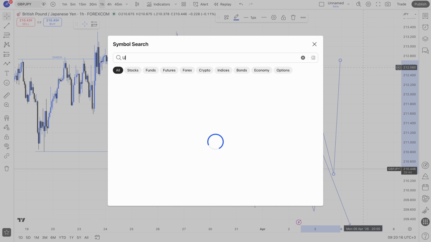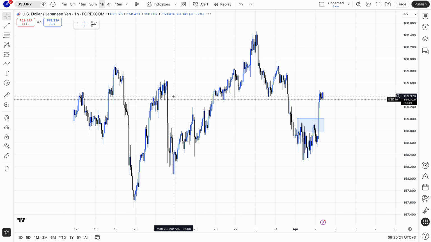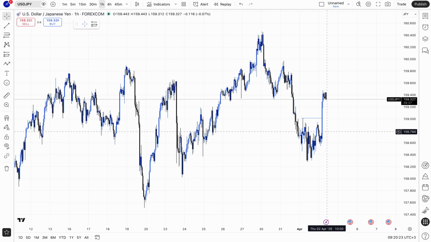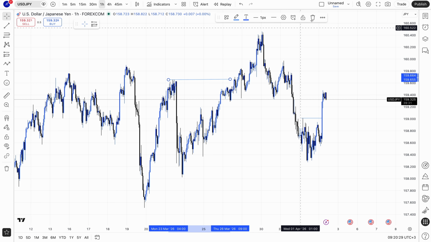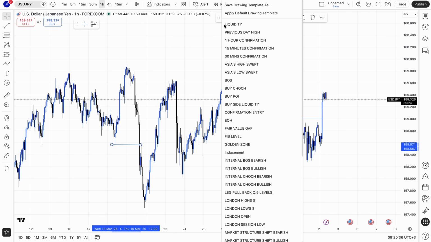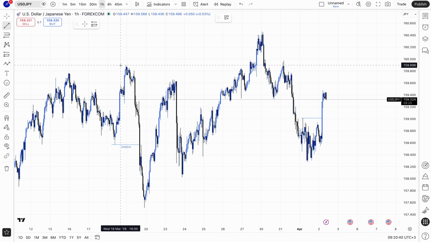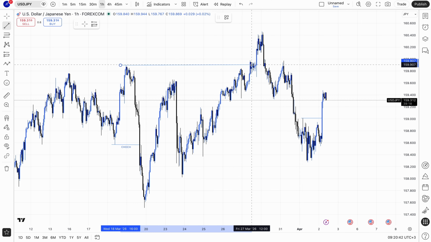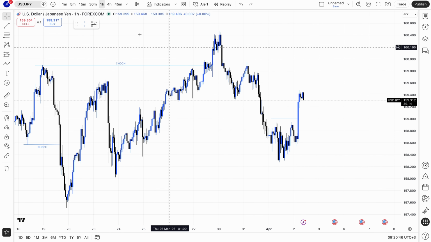So for UJ, you can see for UJ, we had our change of character to the downside. You can see it here. Then we had our break of change of character to the upside.